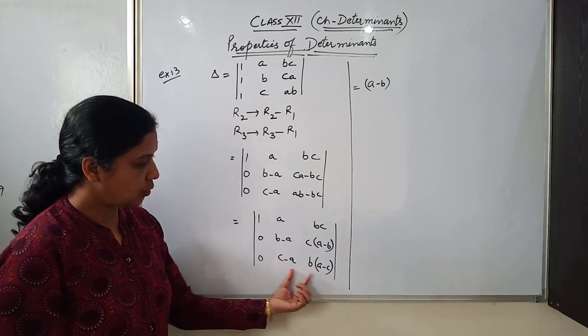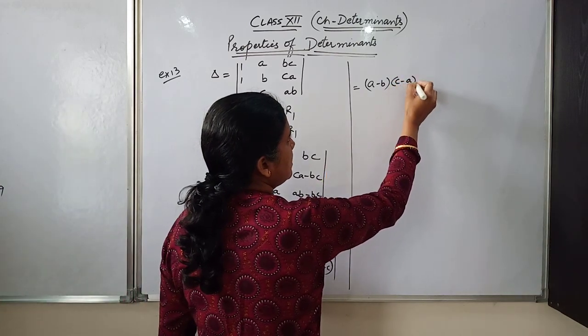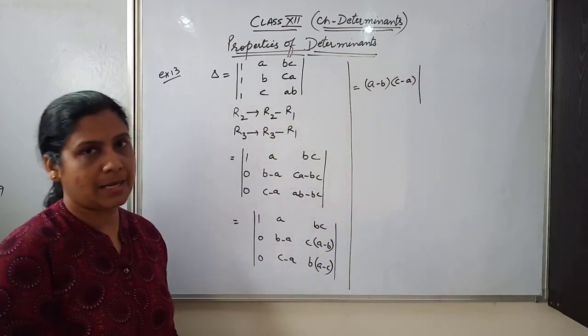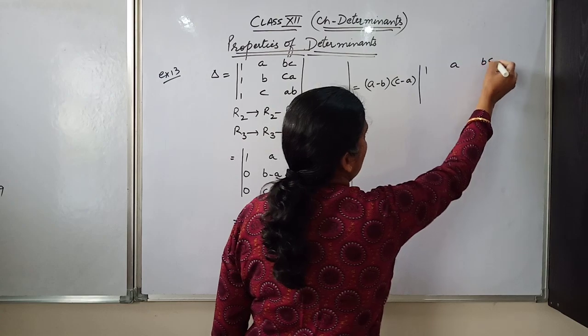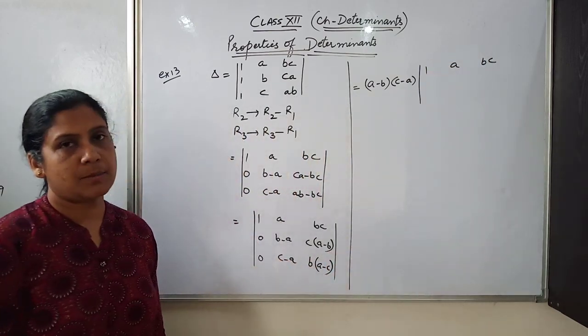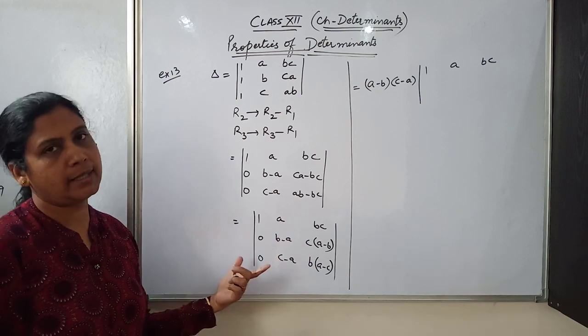And in the third row, C minus A and A minus C. So you can take C minus A common or you can take A minus C common. It's up to you. The first row stays as such. The properties of determinants tell us that we can take any factor common from any of the rows or any of the columns.